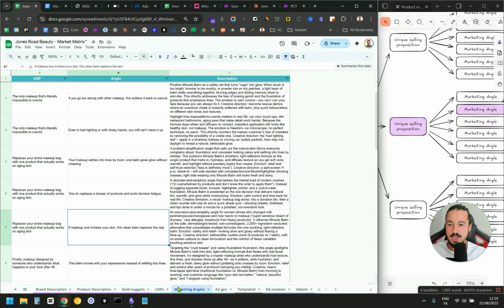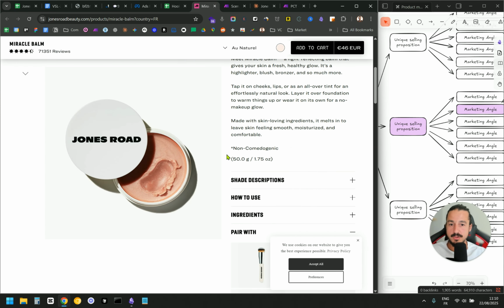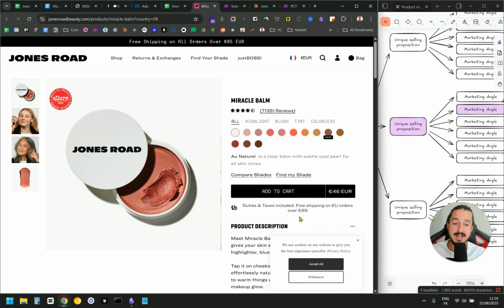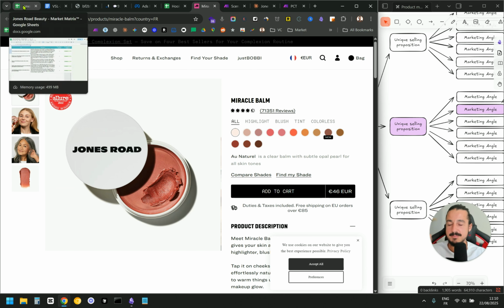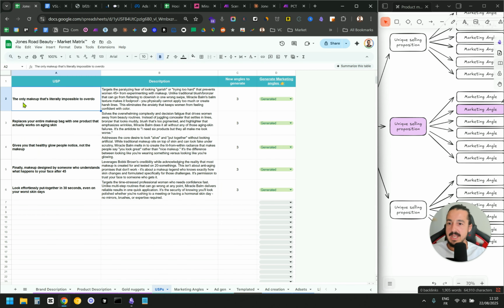At this point, for example, we are talking about this product, Miracle Balm. I realized afterward I shouldn't have taken a skincare product because I'm absolutely not an expert in that, but it doesn't matter. For this product, one USP could be the only makeup that's literally impossible to overdo, and it describes this specific USP.